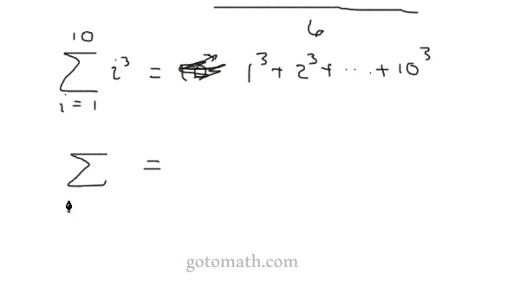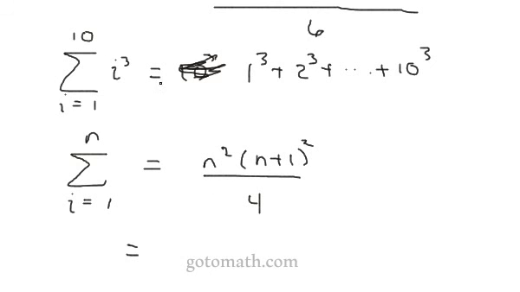But we have a formula for this one too, and it is simply n squared times n plus 1 quantity squared over 4 this time, and you would just plug 10 in for n and figure out what this sum is equal to.